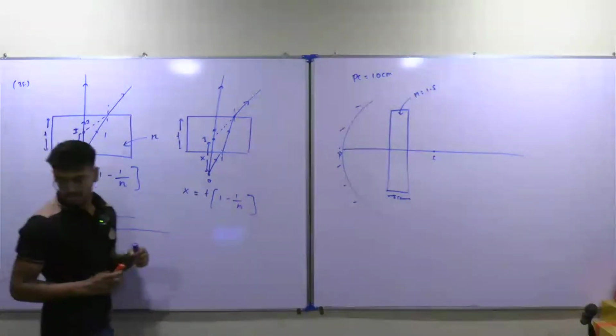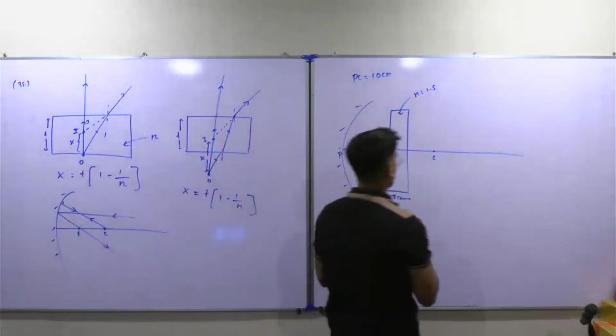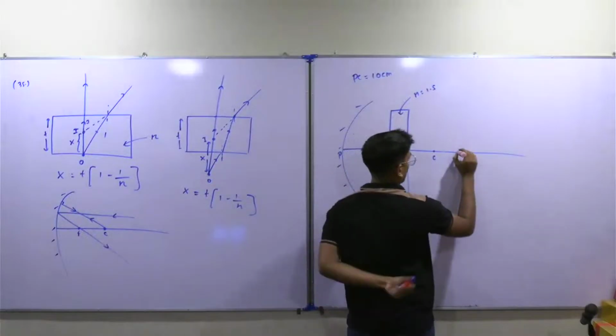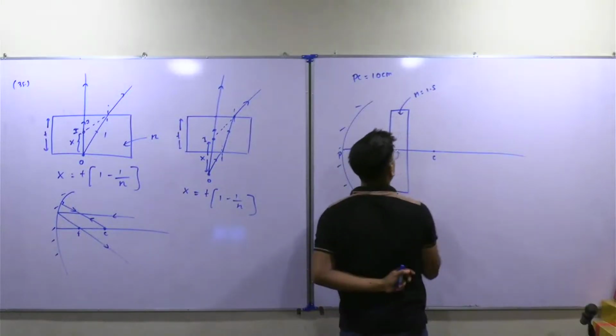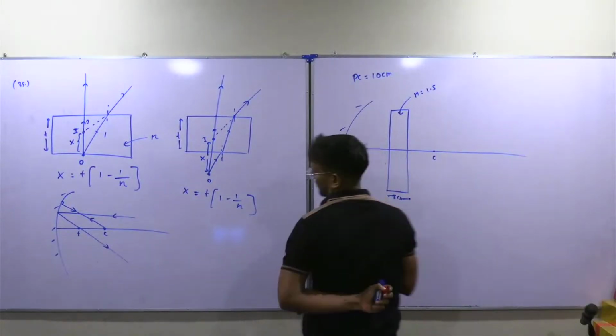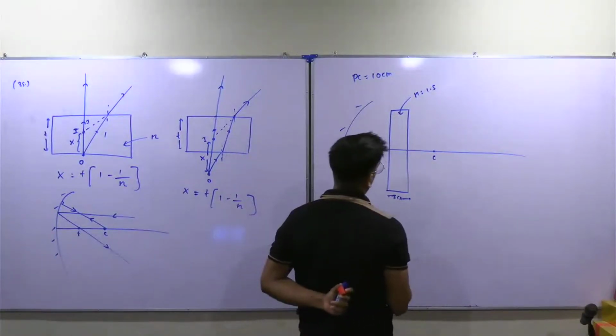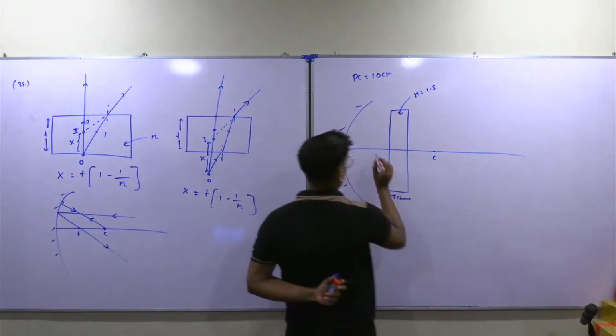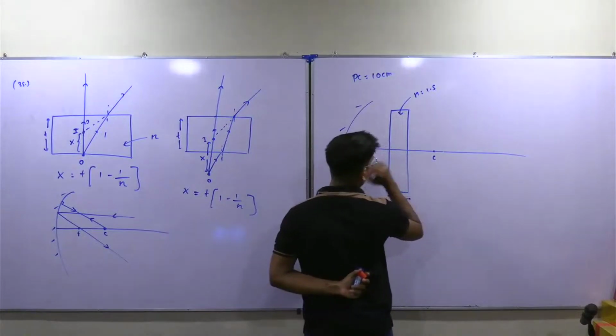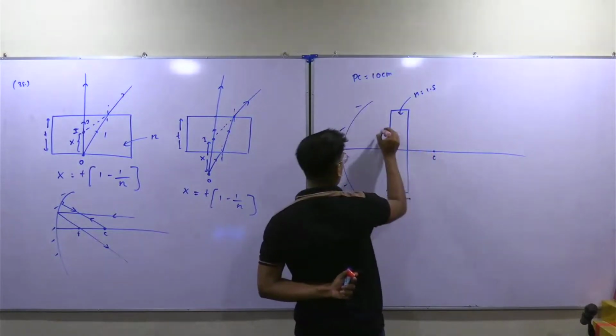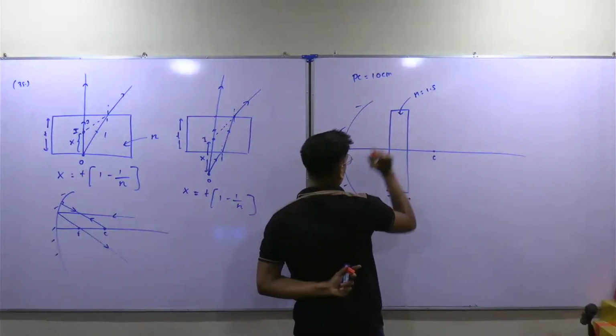Now, what needs to happen is here. Let's say you place the object somewhere there. The image needs to coincide with the object. So that means, let's say a light ray is coming. I'll draw a single light ray.